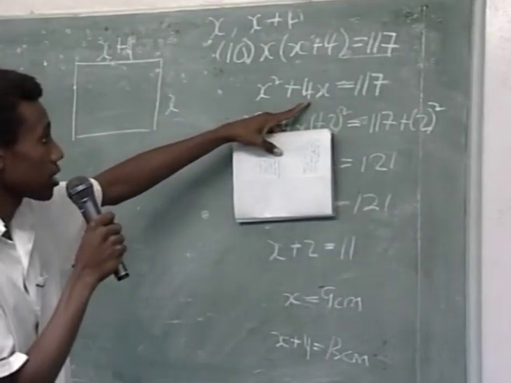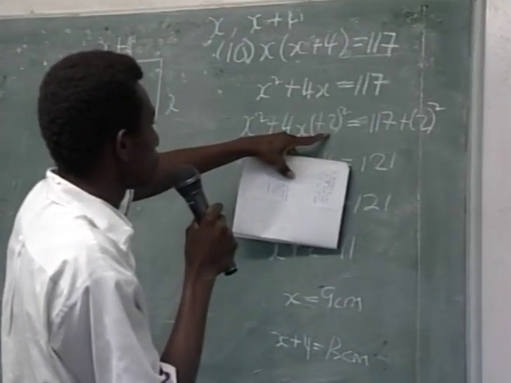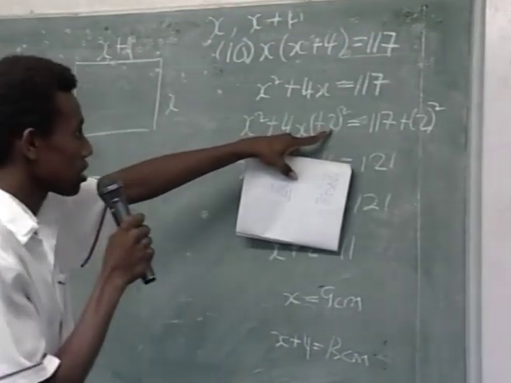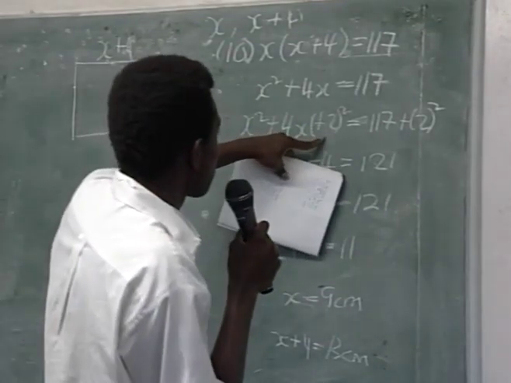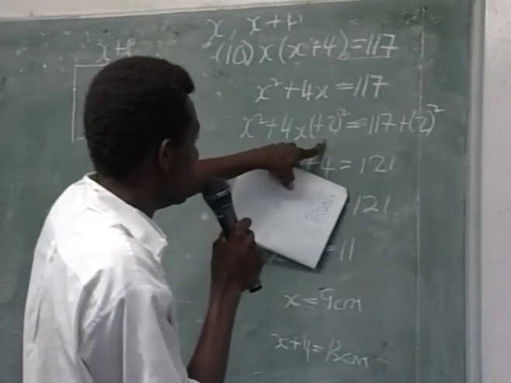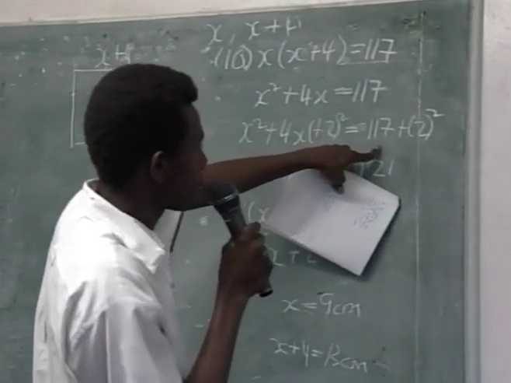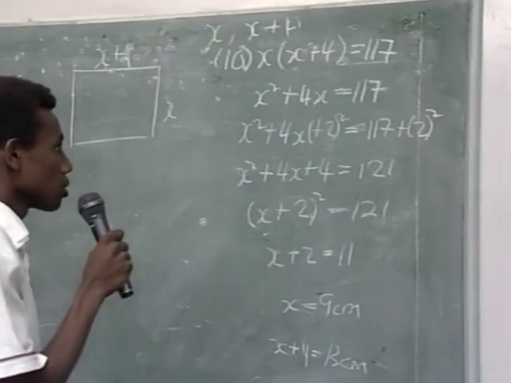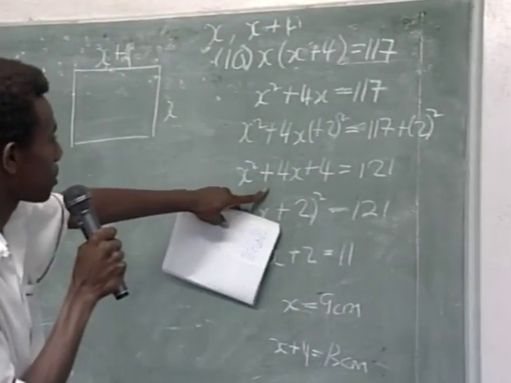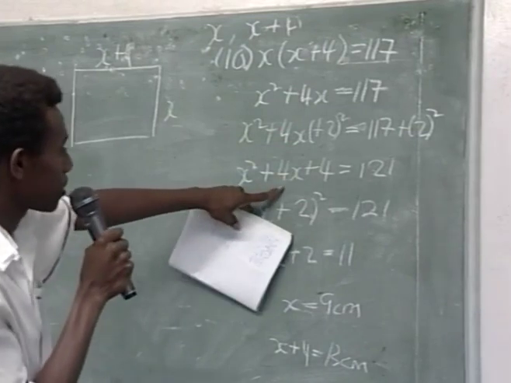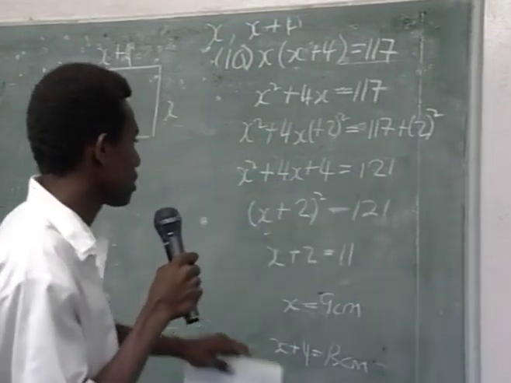Get half of 4x, which is 2, and square it on both sides. X squared plus 4x plus 2 squared equals 117 plus 2 squared. Then the equation is x squared plus 4x plus 4 equals 121.